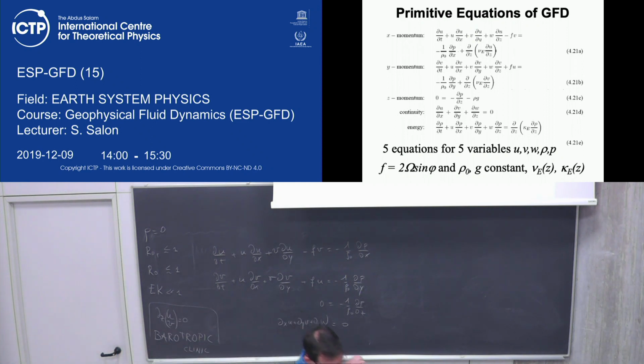But now let's remain in our very ideal case. So for the geostrophic flow, we said that this was reduced to simple horizontal divergence equal to 0, and W was 0. So in this case, we don't have any hypothesis to say that we also have the vertical velocity 0.